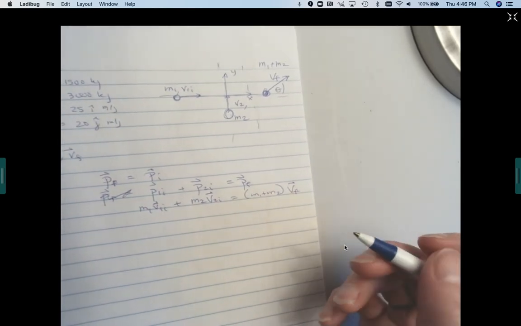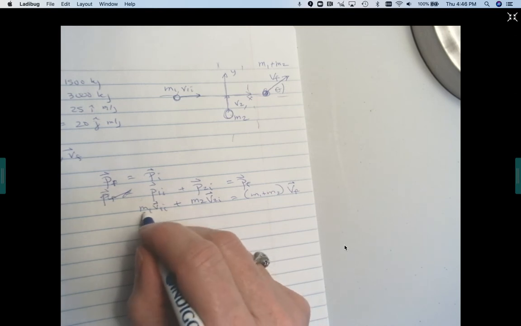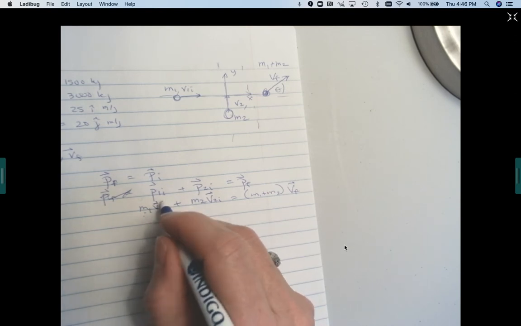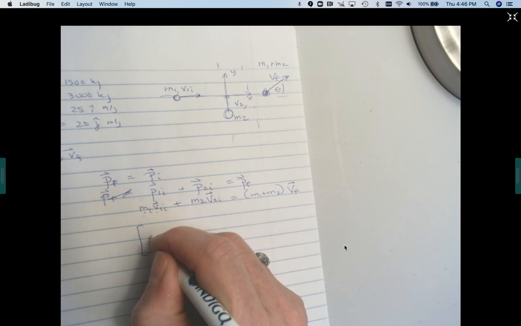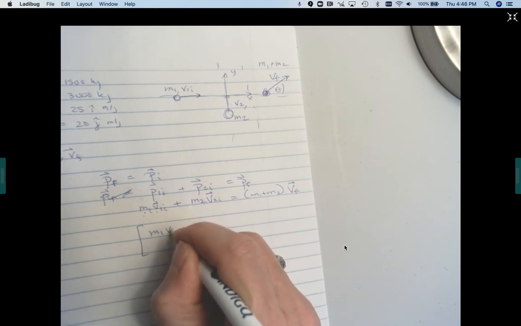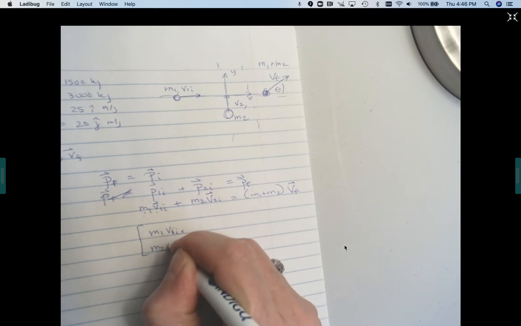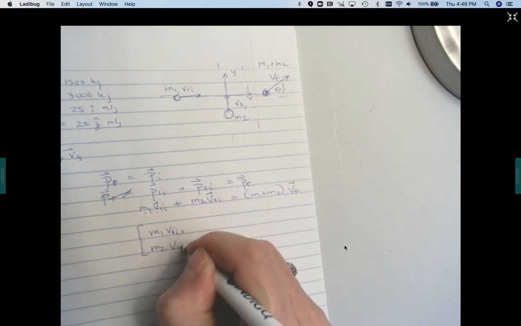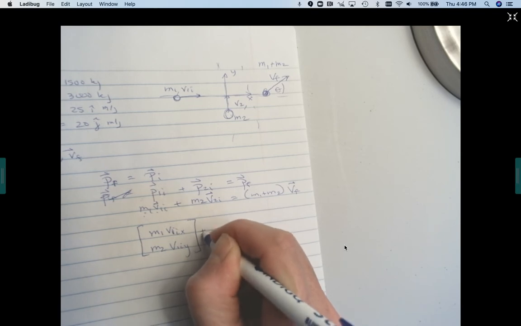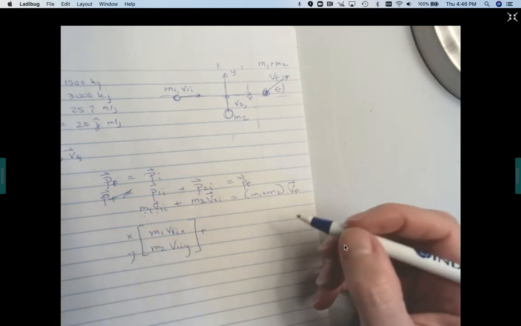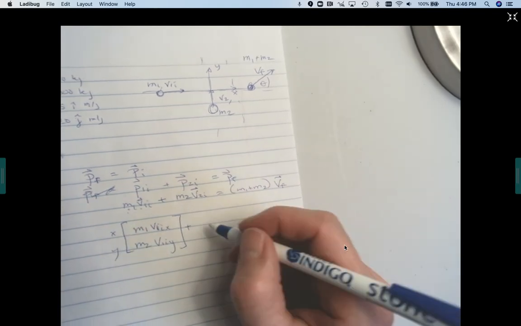Okay, so now we can put in our column vectors. And remember, whenever we have a number like mass times the vector, it goes and just multiplies both components of it. So we get m1 v1 initial x, m1 v1 initial y. Right, remember our column vectors, we're just going to put our x in the top row and y in the bottom.